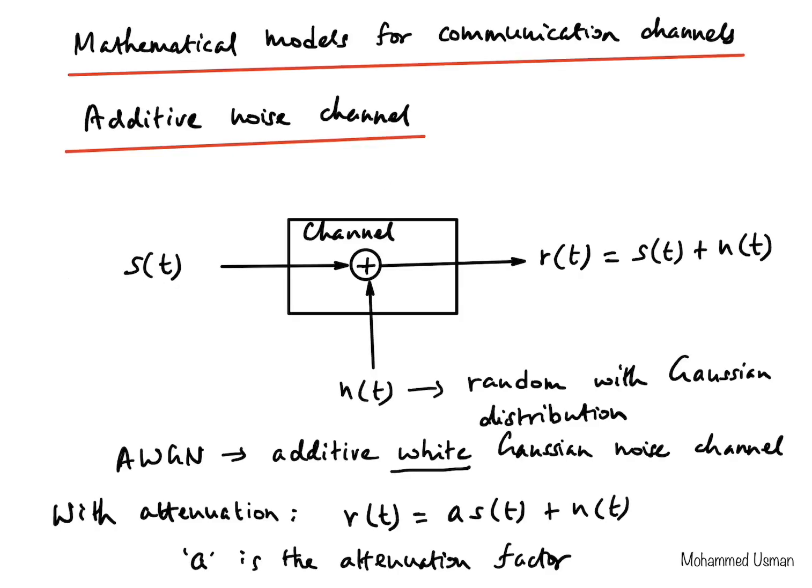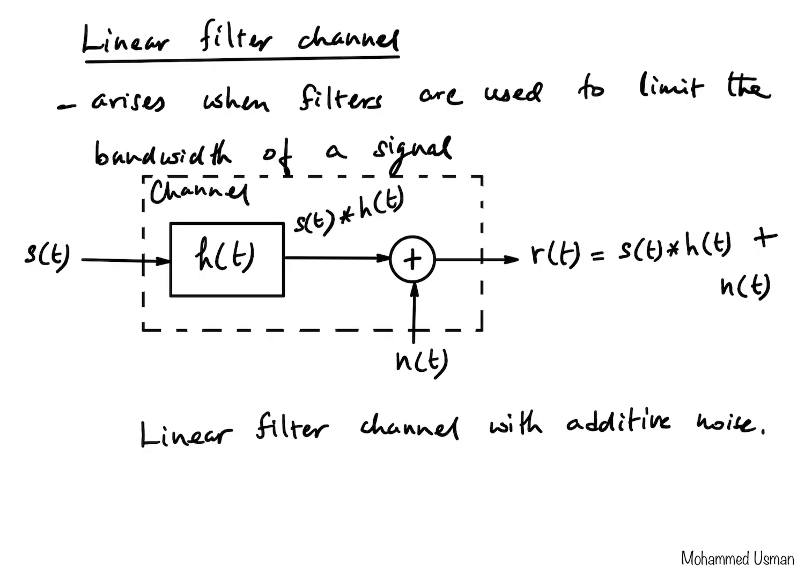And then we discussed the three common types of mathematical models for the communication channel. The simplest type is the additive noise channel, where we are dealing only with additive noise, and we can incorporate the attenuation factor into the equation. So this model represents a channel which has the effect of attenuation and additive noise.